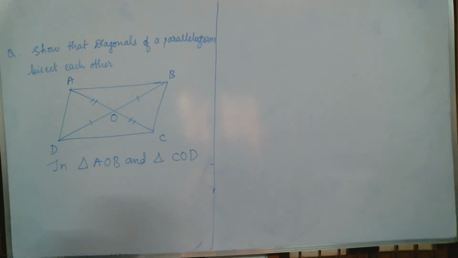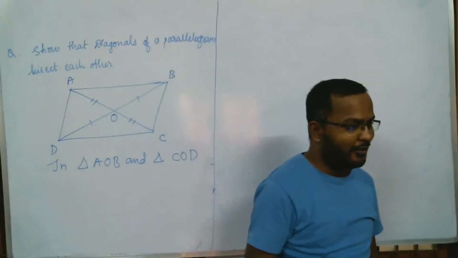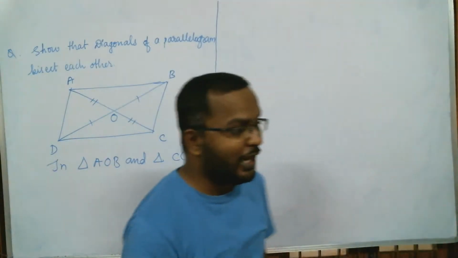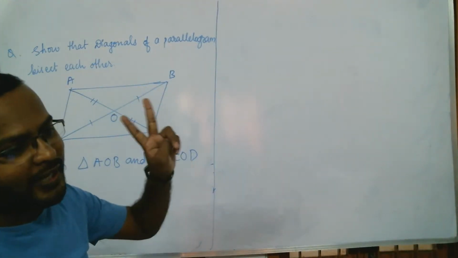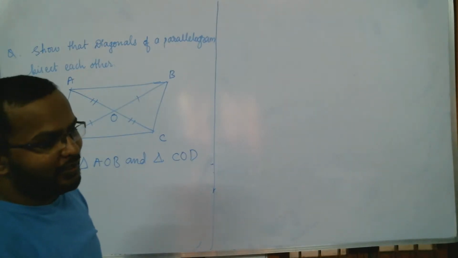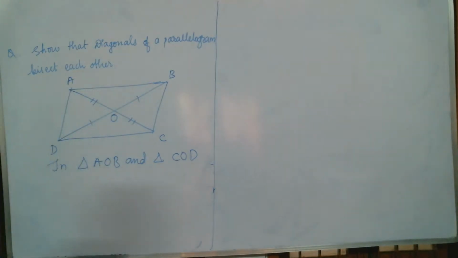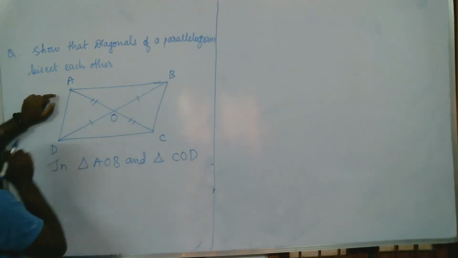Okay. So now one person has written all the four triangles. We cannot prove four triangles congruent. Whenever we prove congruence, we take only two triangles. We cannot take four triangles. So now I have taken AOB and COD.